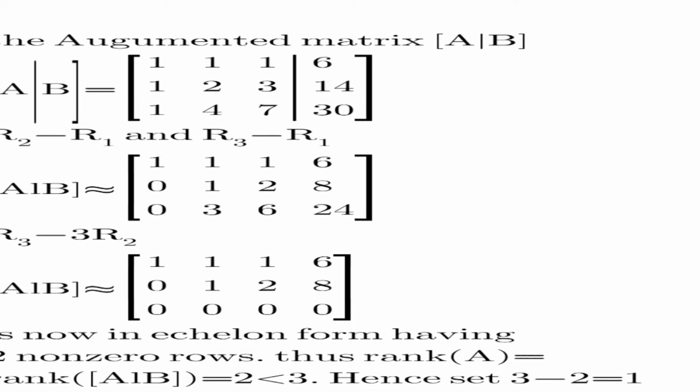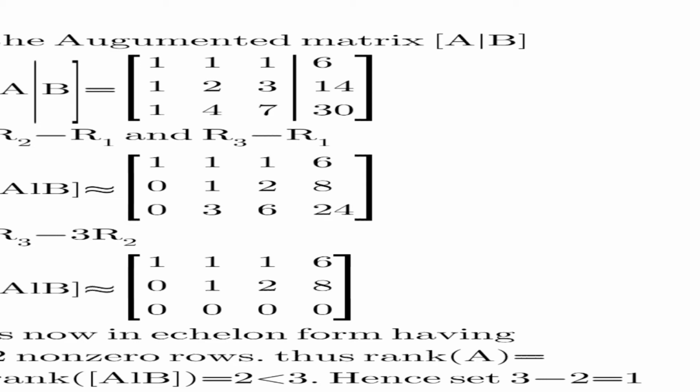So 1 minus 1 is 0, 2 minus 1 is 1, and 3 minus 1 is 2. The constant 14 minus 6 becomes 8. Similarly R3 changes to R3 minus R1: 1 minus 1 is 0, 4 minus 1 is 3, 7 minus 1 is 6, and 30 minus 6 is 24.